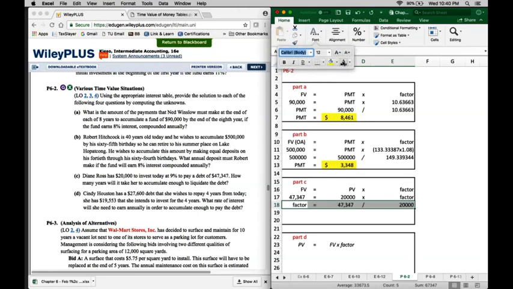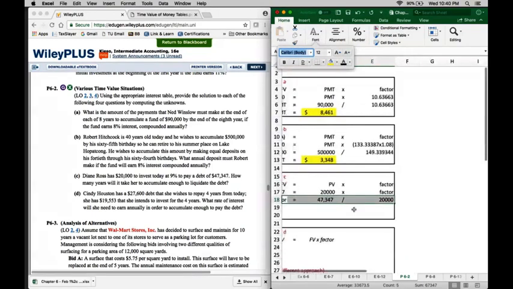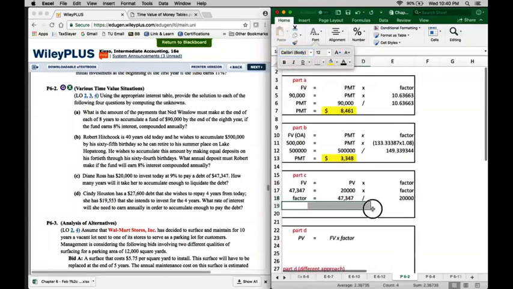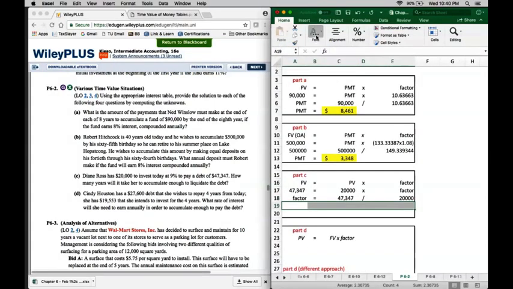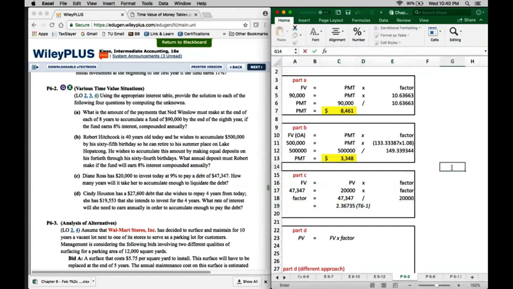My factor I come up with is going to be, the factor is 2.36735. Okay, now you go back to table 6.1.